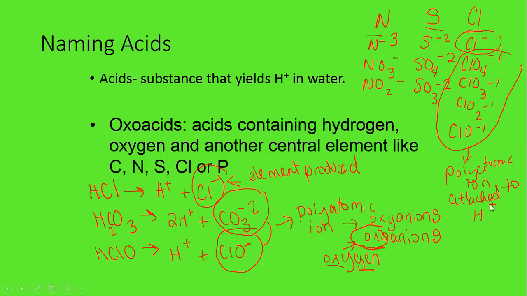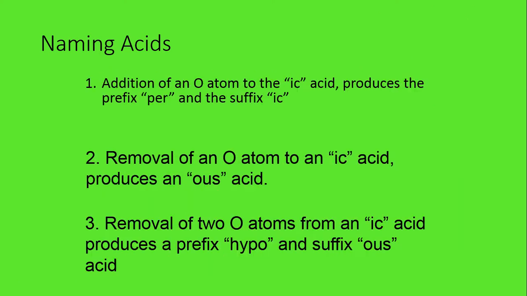So then in terms of naming, we have to look at them based on that. So let's just take a look. For example, if we were talking about naming, simply put, it's like this. The addition of oxygen to the ic acid will produce a prefix such as per and a suffix as ic. Now I want you to picture what that means.